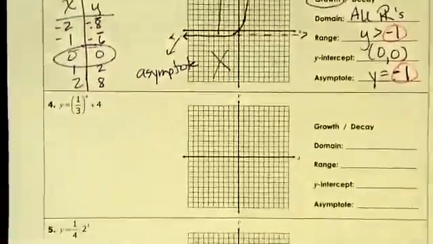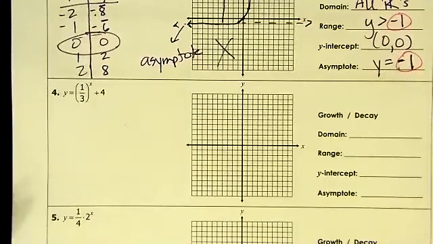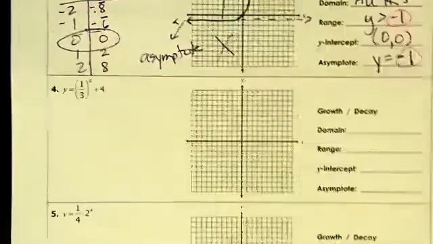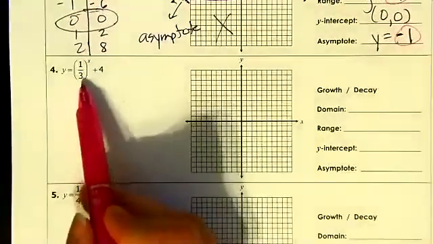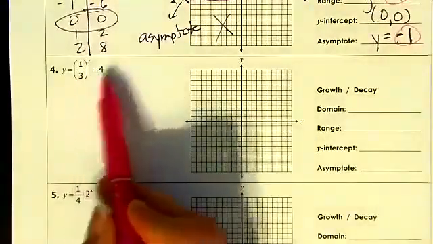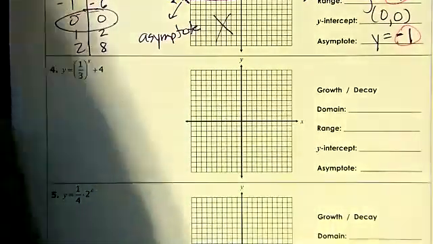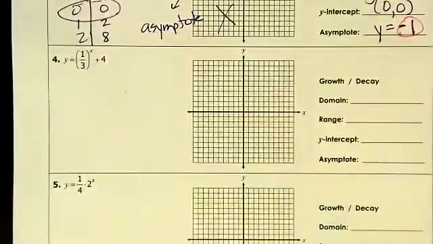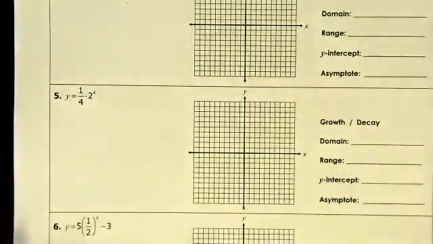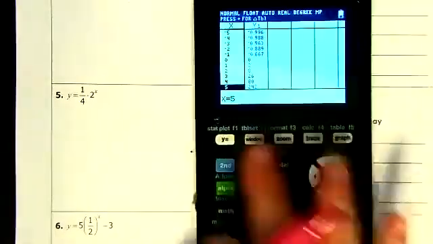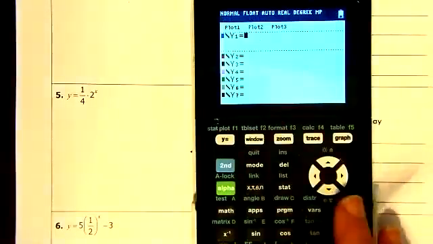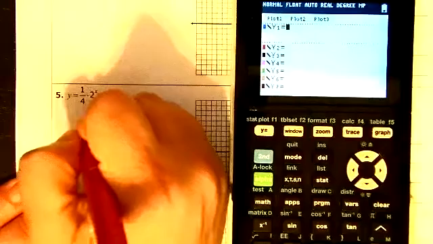Skip down. Let's take a look at number 5. Okay. So with number 5, number 4 is just changing these two numbers, but it's very similar to 3. So for number 5, we're punching into the calculator. So we clear what's here. We have our table.